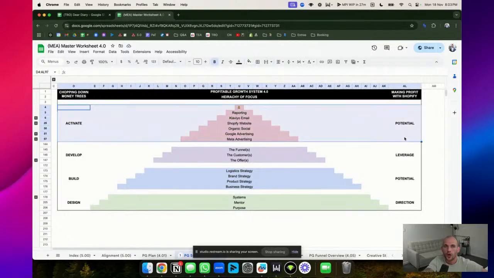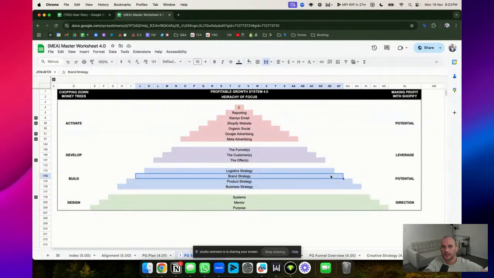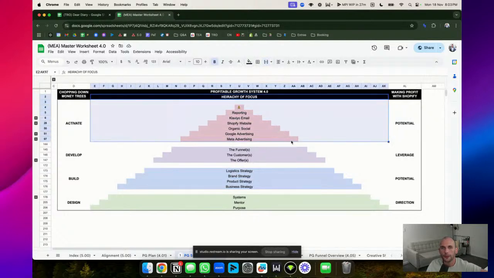Because this is brilliant, all we've done is add more potential to the business, which has allowed us to develop further leverage. And then we're going to be able to activate that potential because our activation strategies were strong. We couldn't optimize these any further. And what that told us is it's time to build more potential into the business and activate that with the existing system.